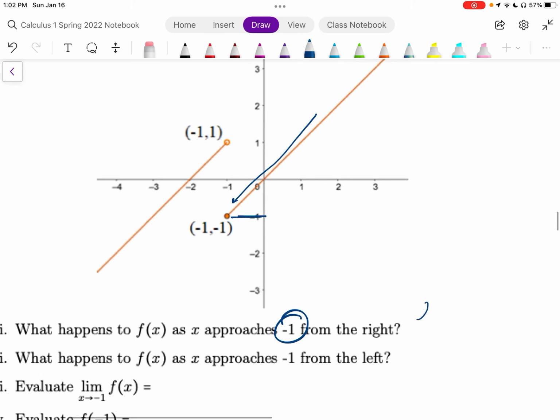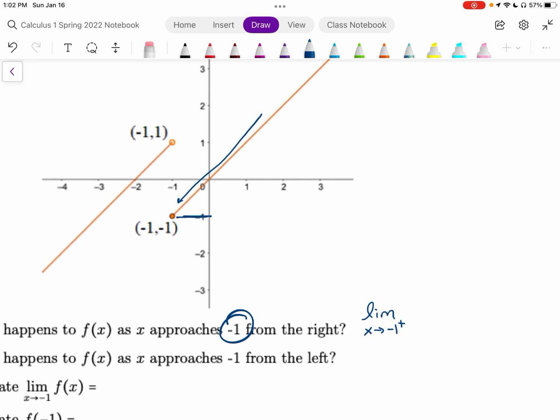So you're going to say the limit as x approaches -1 from the right. Okay, so that's the translation. The limit as x approaches -1 from the right of f of x equals -1.